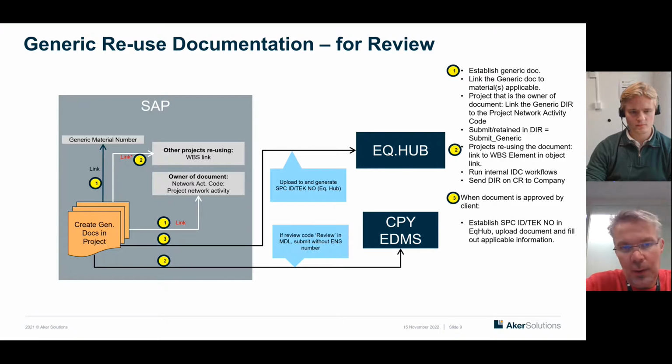When the document then reaches the status issue for construction, we can then upload it to EqHub. And then we do the same for all the documents related to this. But that means that we have the possibility to create new EqHub documents during project execution of different projects if we see the potential of a new material which is reusable.